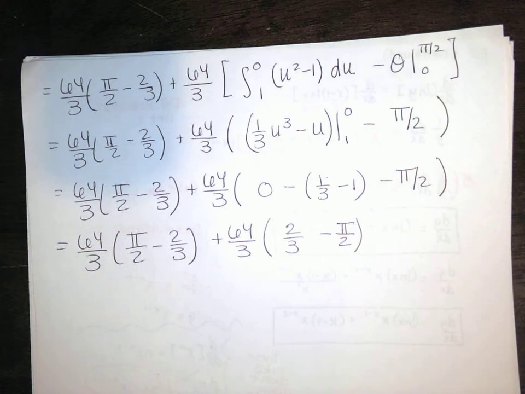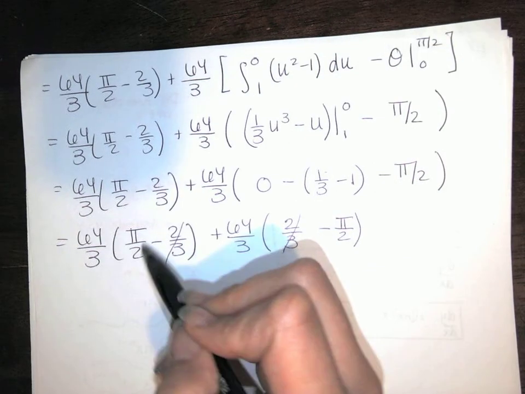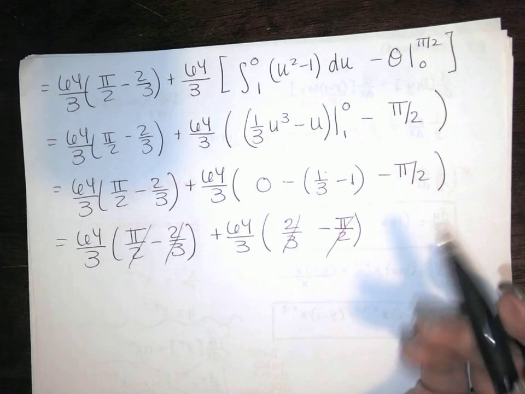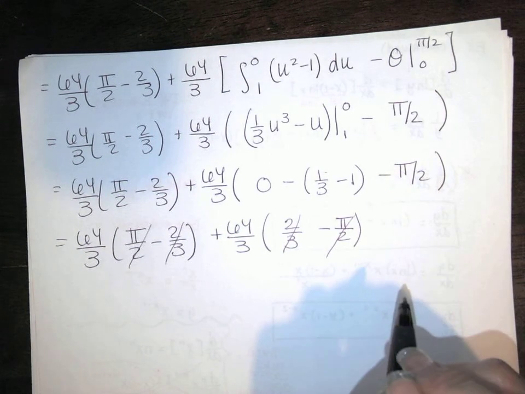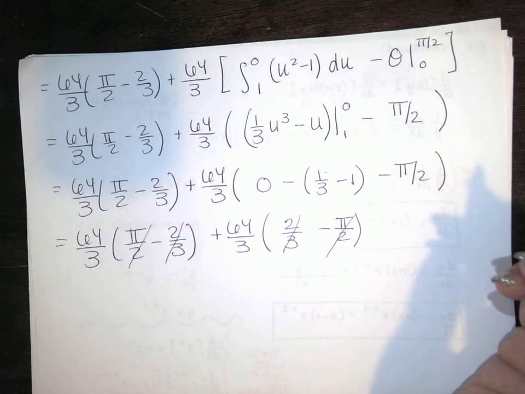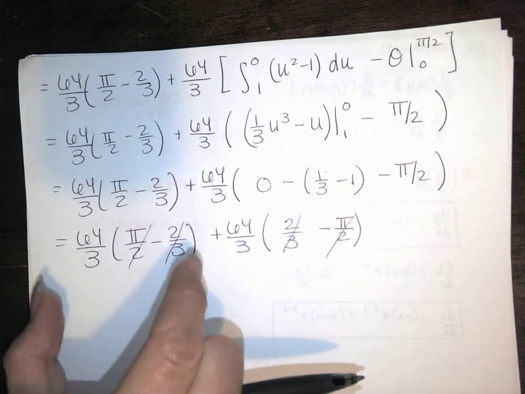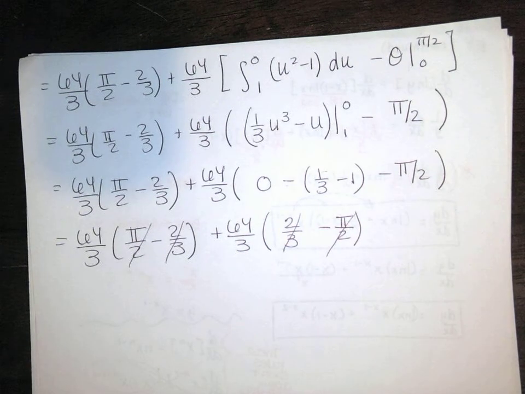No, what happened? Something happened. I must have made a mistake somewhere. Man, you see it? That's going to cancel with that. That's going to cancel with that. And we get 0 for our volume. I'm sure that the volume is not 0. I'm sure the volume is supposed to be this plus that, but I must have made a sign error somewhere.